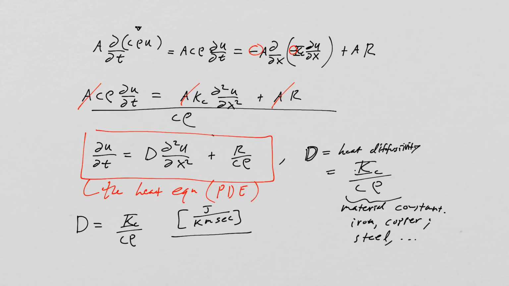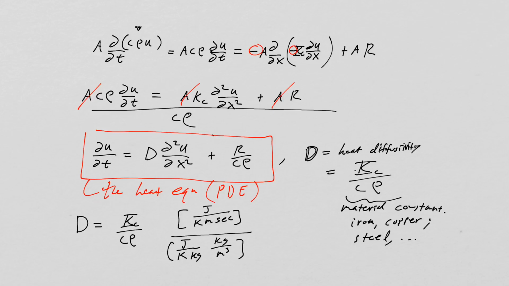We know it's going to have to be joules per Kelvin per kilogram. Okay, and then for the density, it's going to be kilograms per meter cubed. All right. So that's our units there.